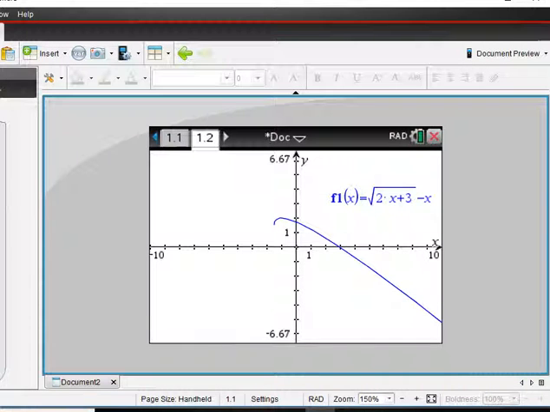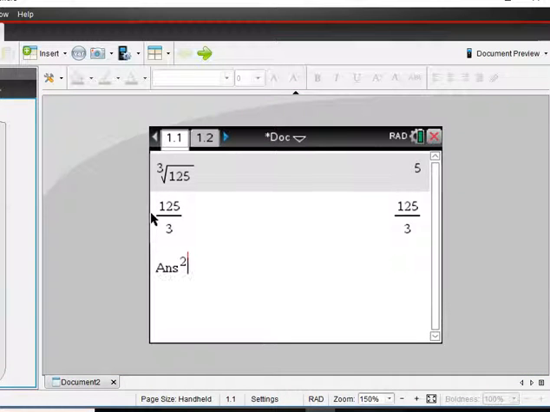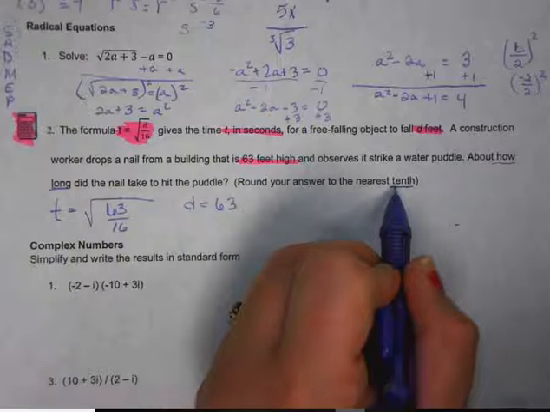So let's do that. We have the square root of 63 over 16. Oops, sorry, it looks like I typed in squared. Square root of 63 divided by 16, and it's going to give us 1.98. It says round to the nearest tenth on our assignment right here.